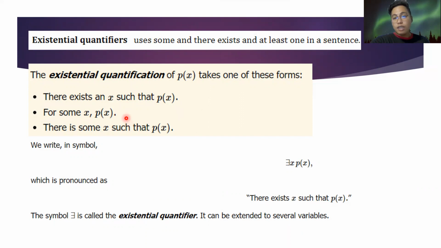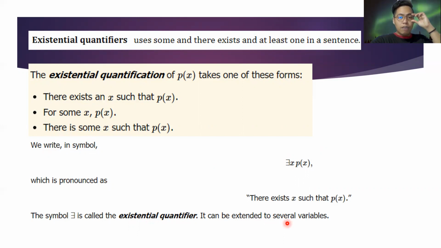It means there just exist some. For some x, P of x; there's some x such that P of x. So there's at least one x for which P of x holds. Existential quantifiers can also be extended to several variables.